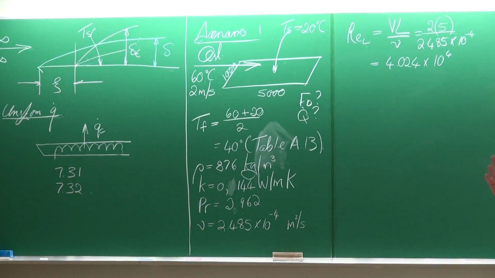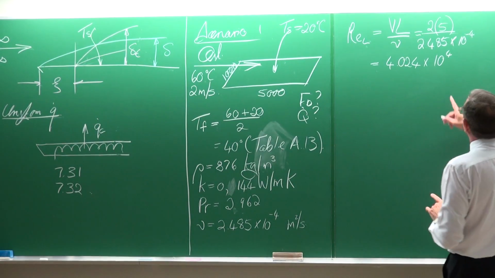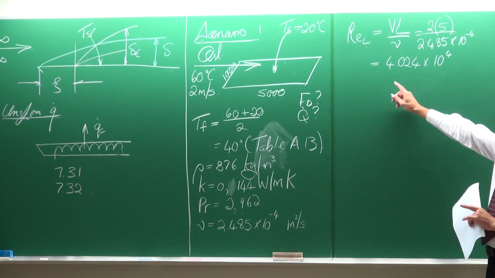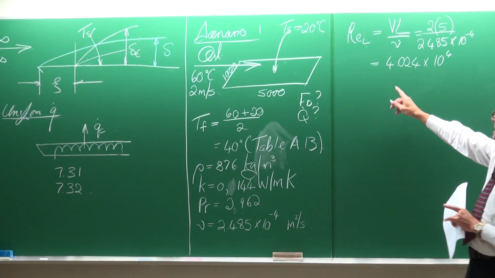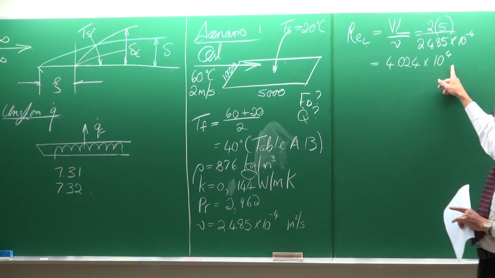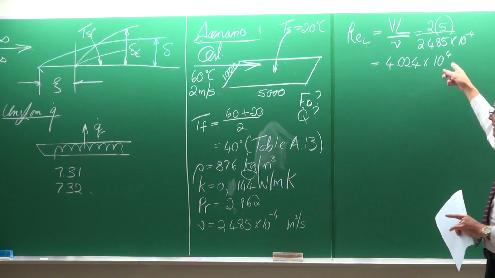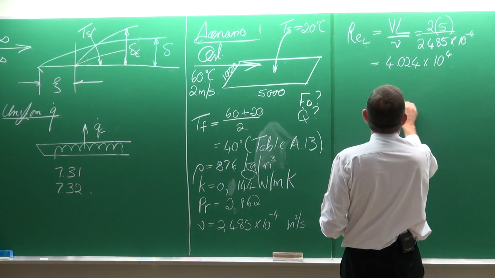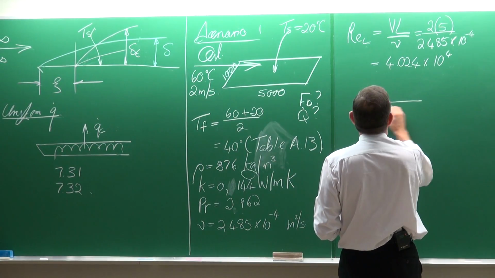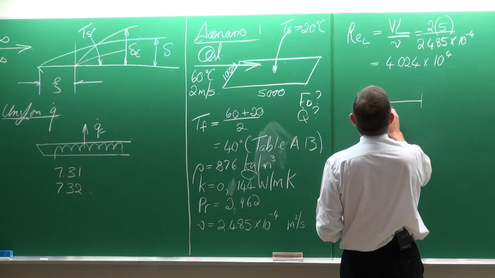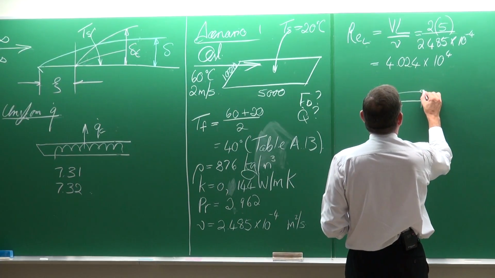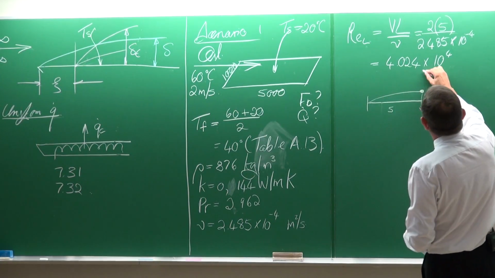Okay. This is very important because now you need to think about what it tells you. We said that transition occurs with a Reynolds number of 5 multiplied by 10 to the 5. So it means that in this case, with our plate, which is 5 meters in length, the Reynolds number at the end of the plate is going to be that.